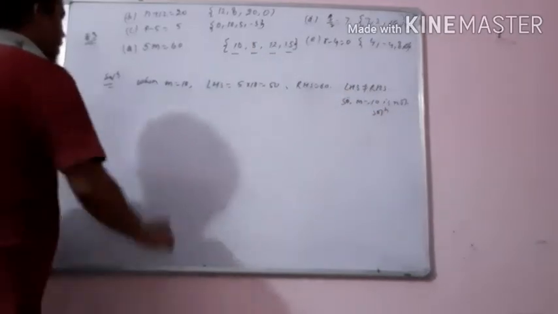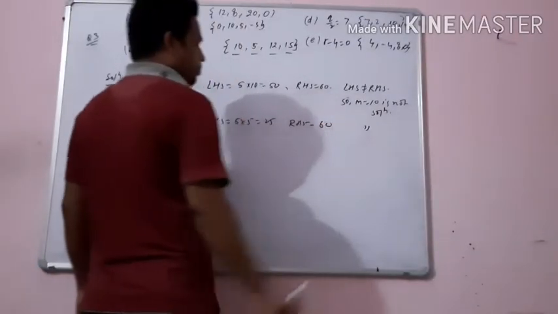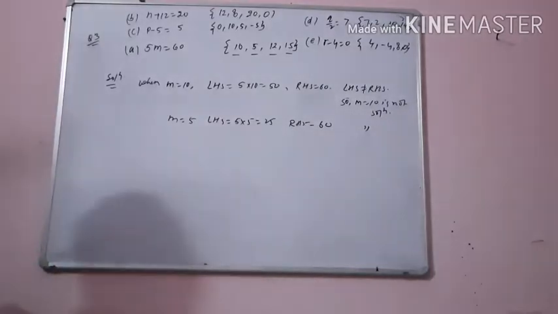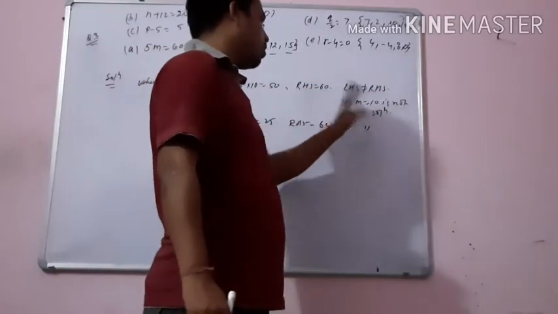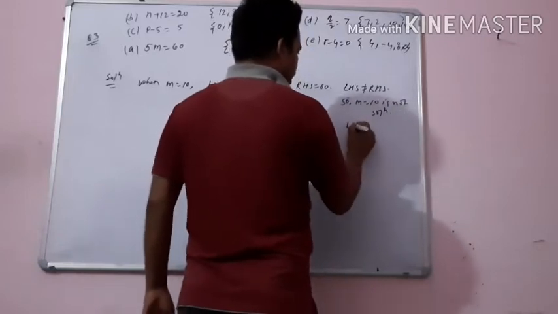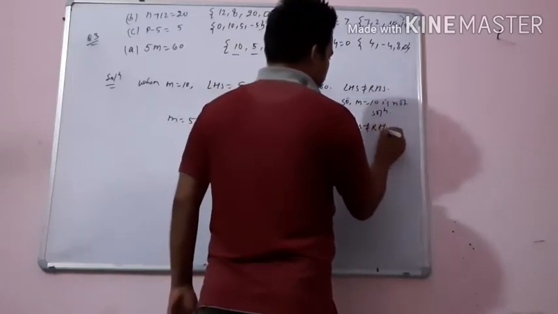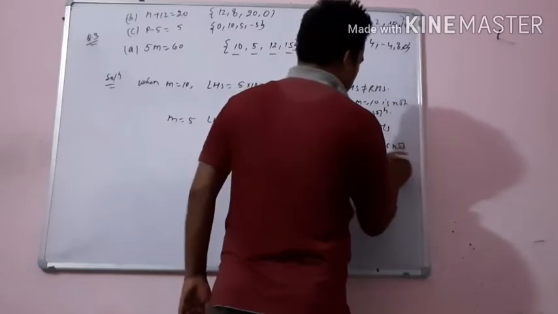Similarly, take m equals 5, LHS will be 5 into 5 equals 25, RHS equals 60. The same thing: LHS not equals to RHS, so m equals 5 is not a solution.